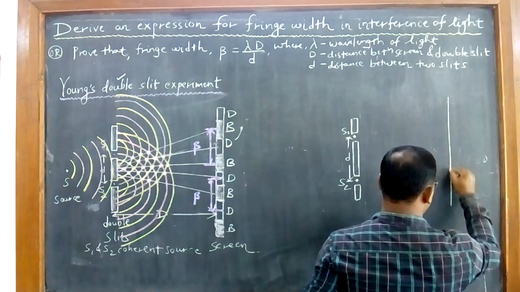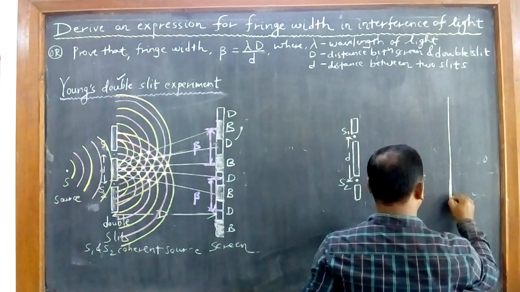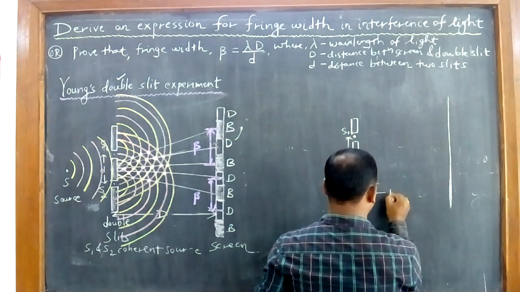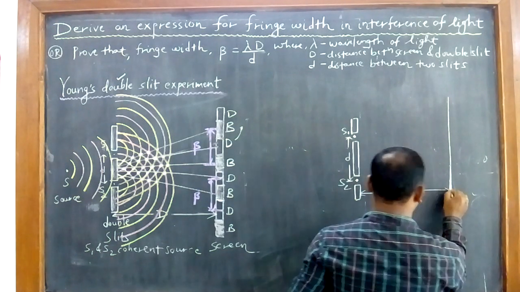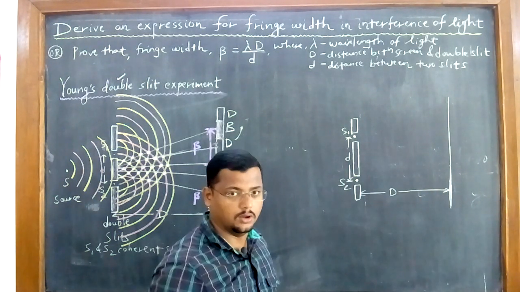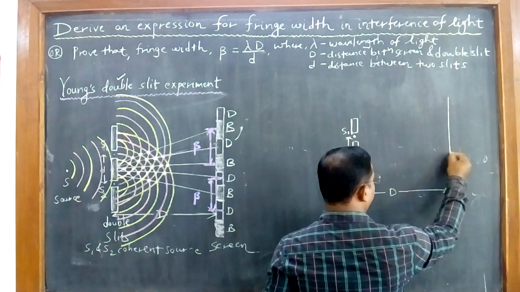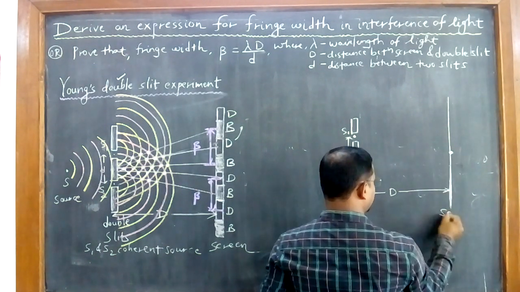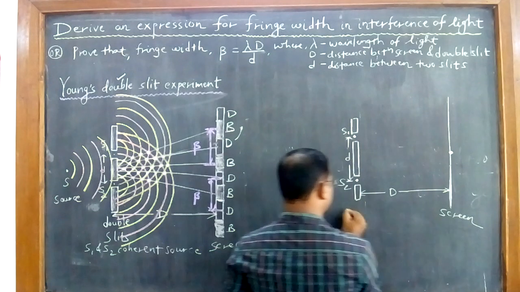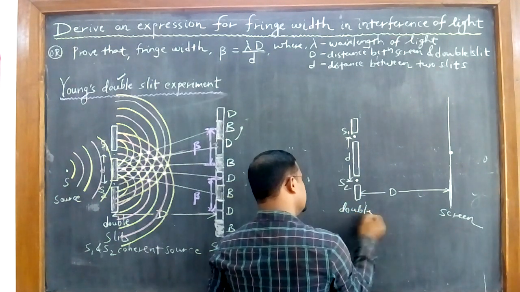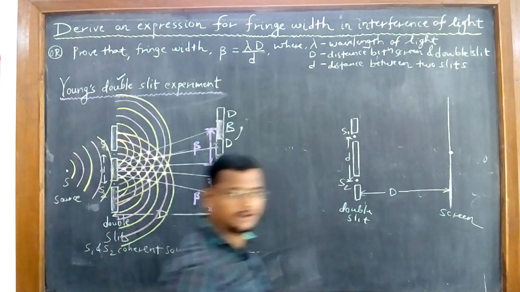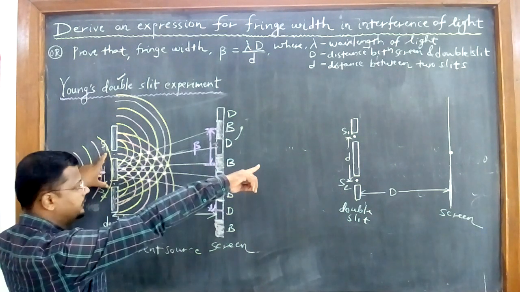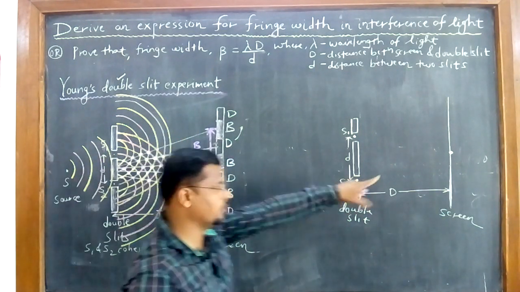Where is the screen placed? The screen is placed at a distance of capital D from this double slit. Okay, now this is the center of this screen. Here we have got the screen, and here we have got the double slit. Is it the same diagram I have represented? Double slit, there also double slit, screen, here also I have got this screen.